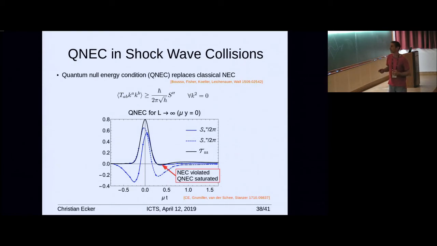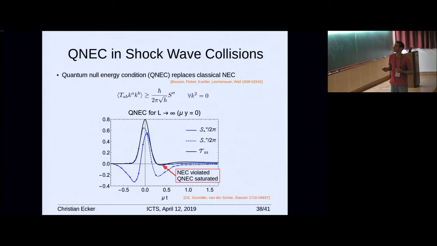So you have both cases. In this region, where you have the deformation on this side, for the dashed line the null energy condition is satisfied, because the left-hand side, this black line, is bigger than zero, and you have saturation of the quantum null energy condition because the dashed line is on top of the black line.